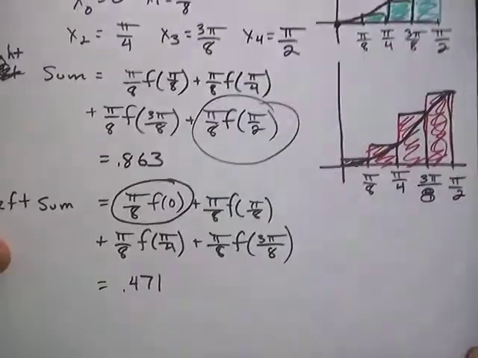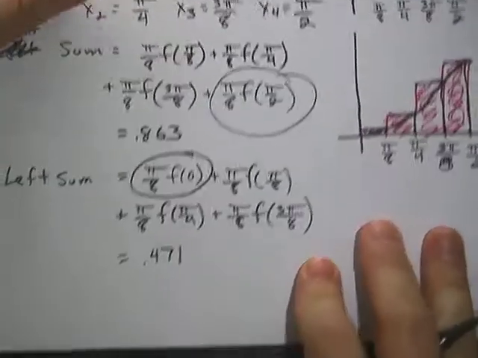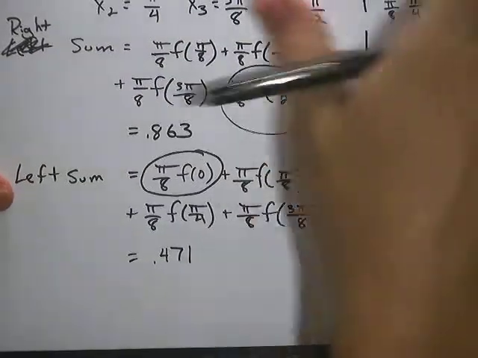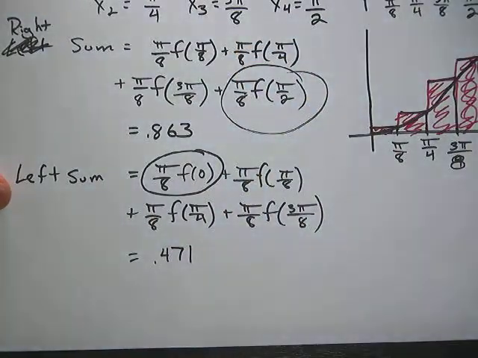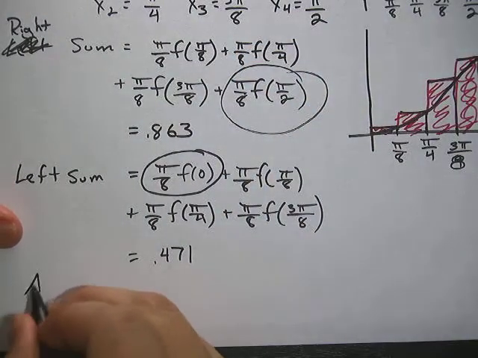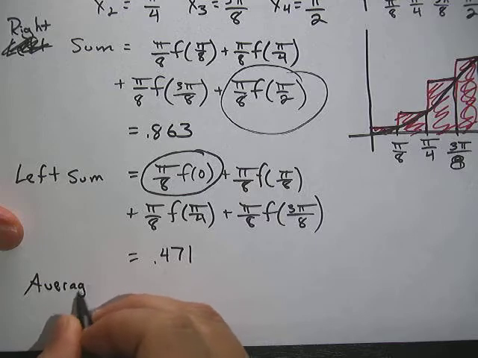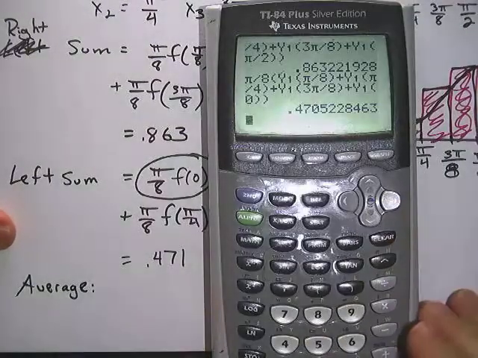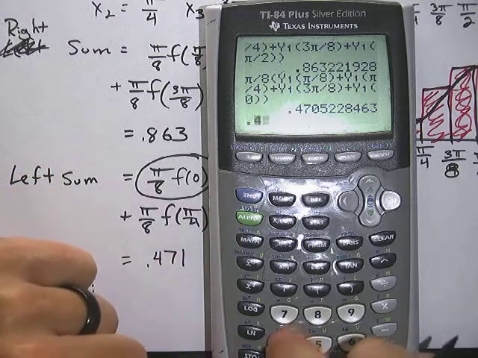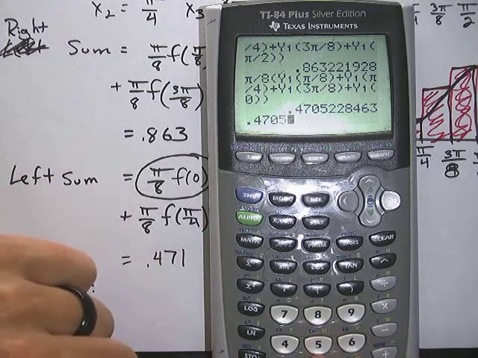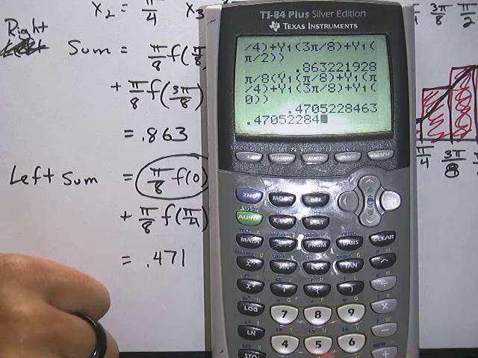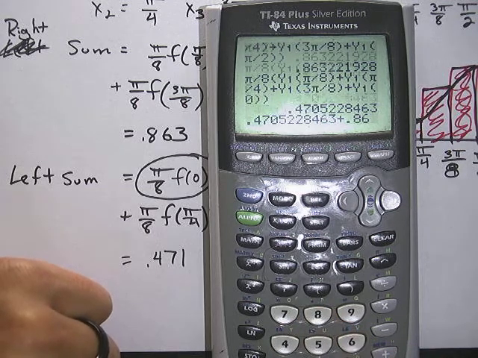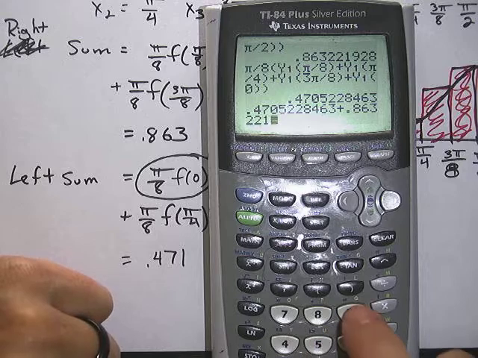Okay, so that is it, but let me quickly show you how to average, because the average is typically going to be better than either one of the two. So if you want to average them, which you might be asked to do in another problem, you just add up those two answers. So 0.4705228463 plus 0.863221928.